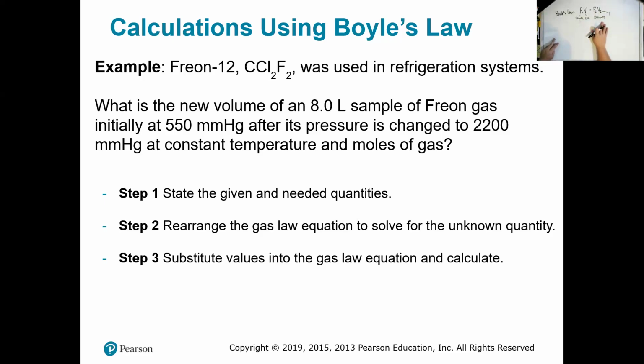Step two, they suggest rearranging this law so that we're solving for our unknown variable. So how do we isolate V2? We're going to divide both sides by P2.